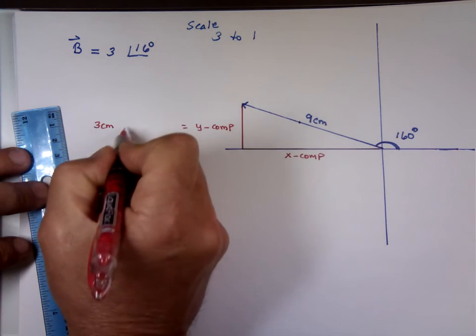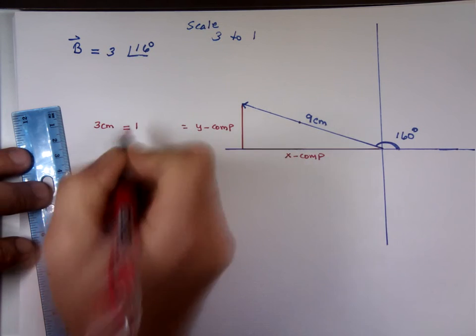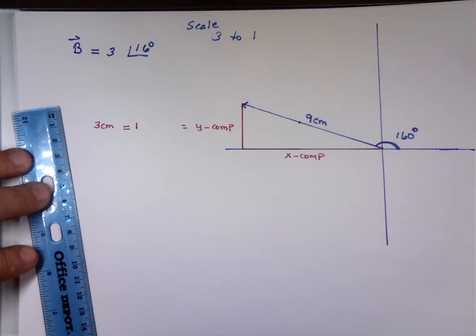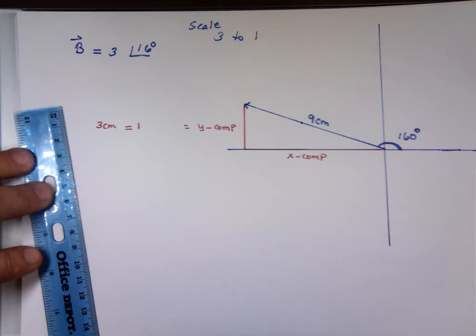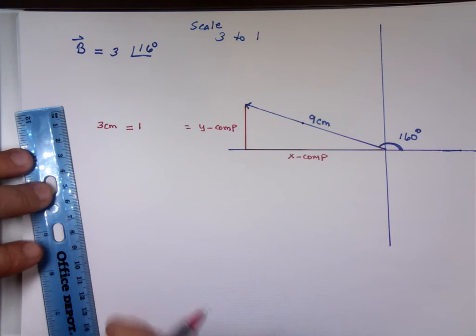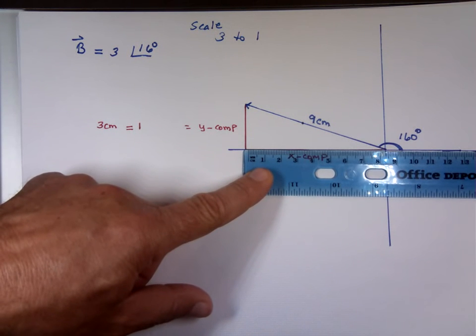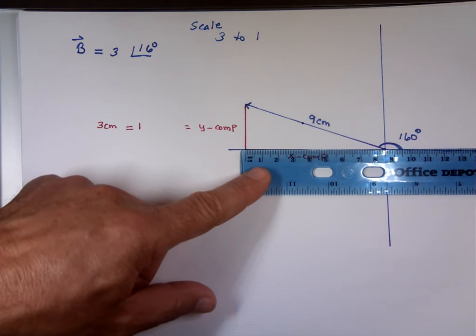So that's equal actually to 1, because you have to divide it by 3 since I'm using a scale of 3 to 1. Every 3 centimeters is equivalent to 1 unit. Now, the x value here is what? 8.5.